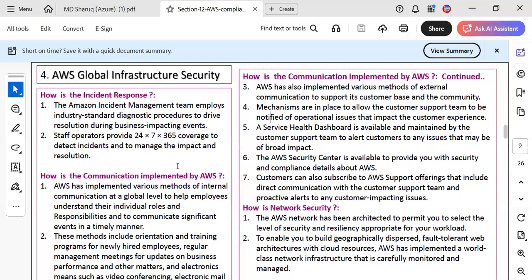To enable you to build geographically dispersed, fault tolerant web architecture with cloud resources, AWS has implemented a world-class network infrastructure that is carefully monitored and managed. Let us say you have a three-tier architecture. The first tier is the web interface, the web server.